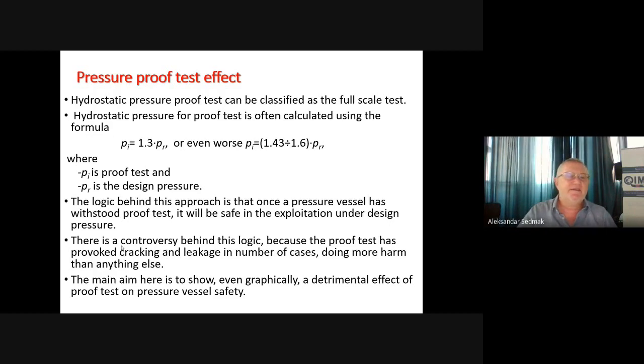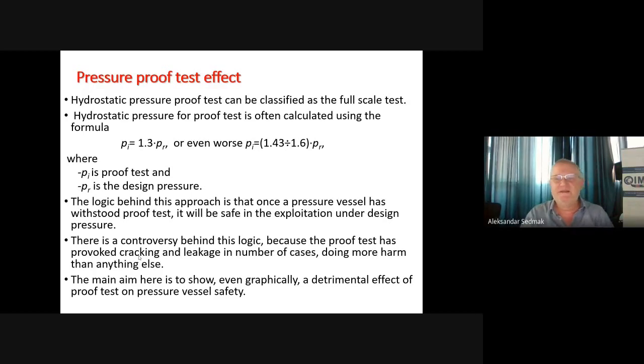The problem is in provoking micro cracks, because the typical steel used for large pressure vessel has welded joints, especially, that are susceptible to cracking, and they should not be over pressurized.